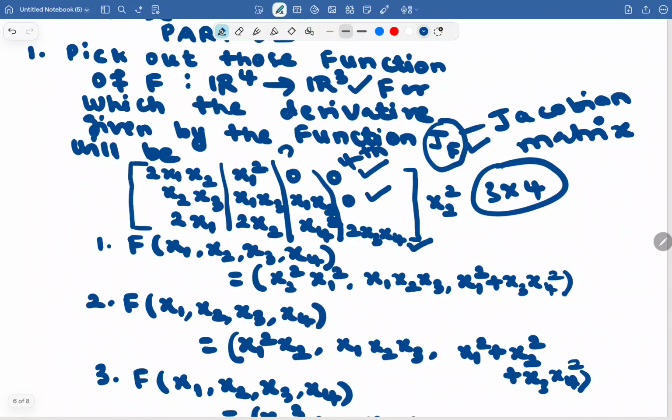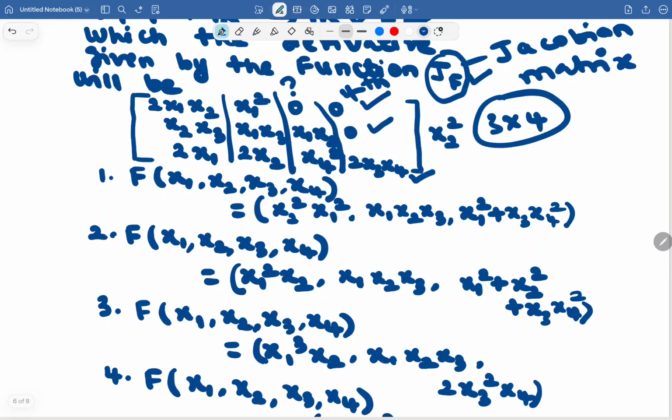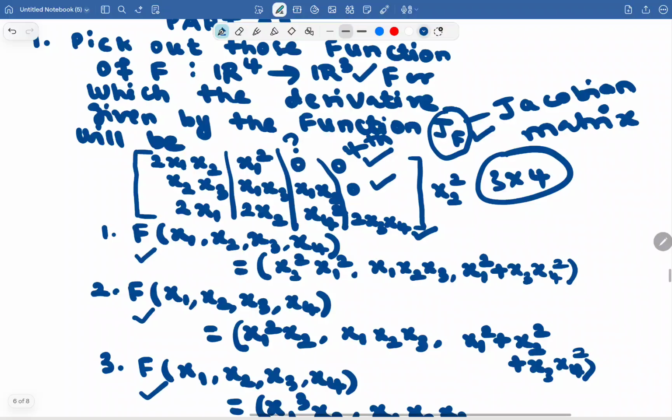From this matrix, for which of the following options do we get this 3 cross 4 matrix for the function defined by f? I am repeating: since Jf is nothing but the Jacobian matrix, and f maps from R power 4 to R power 3, the matrix is 3 cross 4.